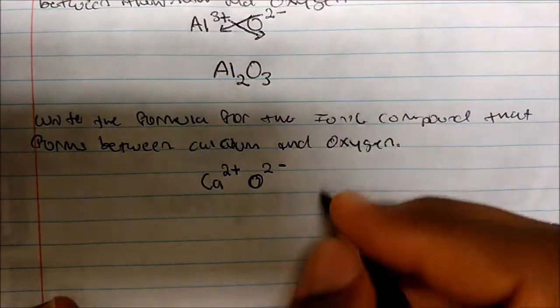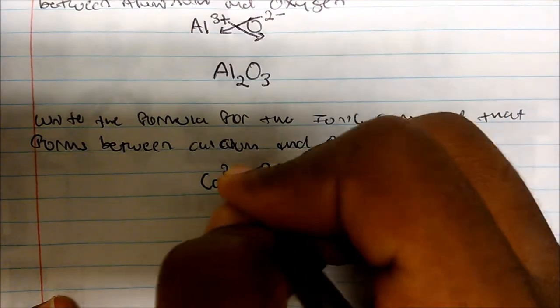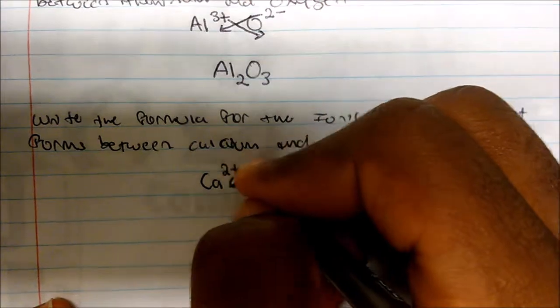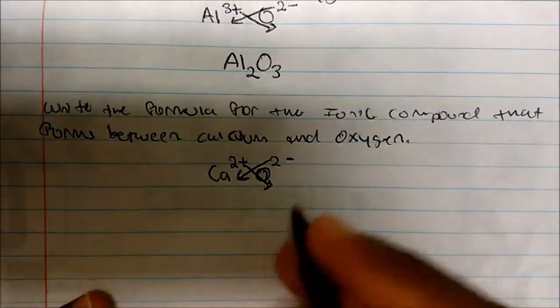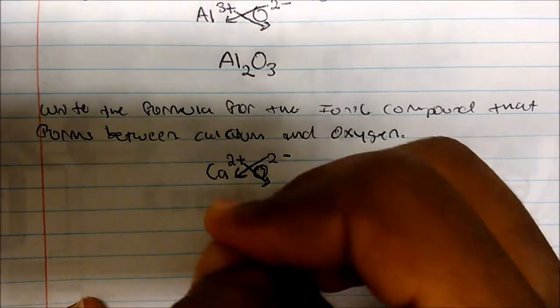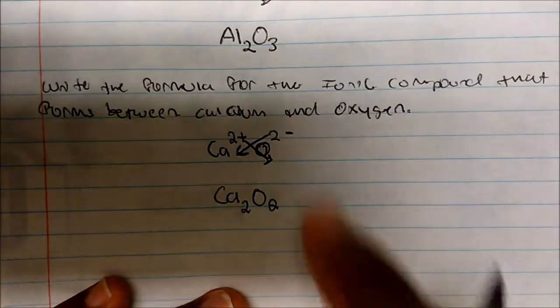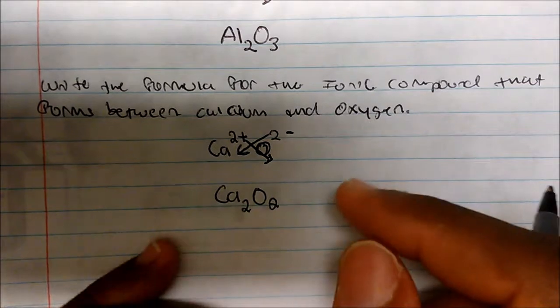When we do the crisscrossing, notice that I draw my arrow from the number to the bottom of the next atom, and do the same thing for the other one. In this case, we actually get Ca2O2. But here's the deal.